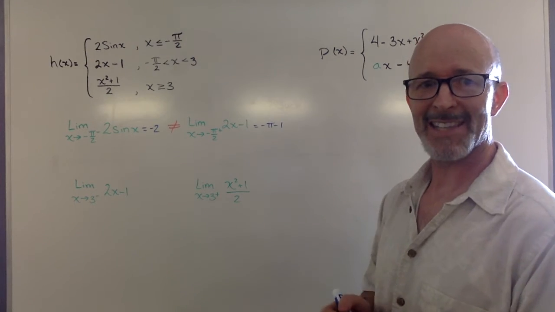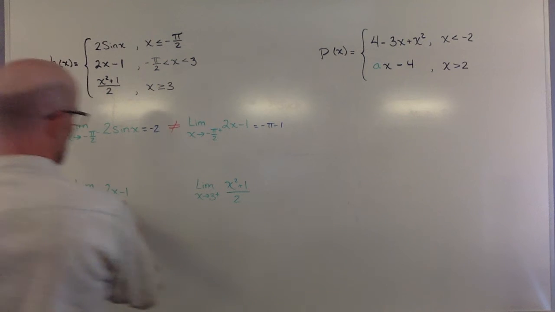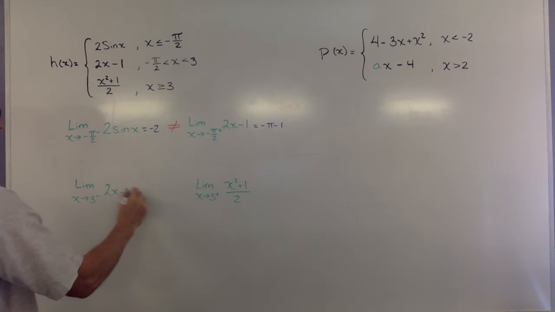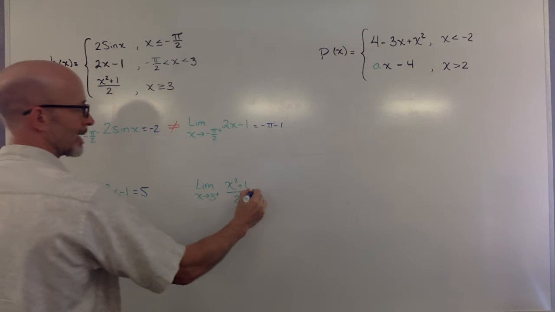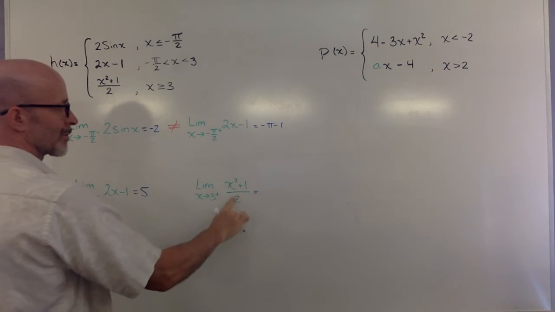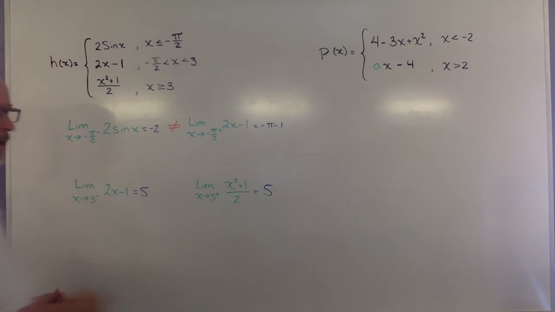Meanwhile, for this next set, right around the point at 3, just to the left of 3, I'm using the middle function. Anything less than 3, 2.99 for instance, all that jazz. Anything a little to the right of 3, a little bit greater than, I'm using this rational function here, which both of them are 5.